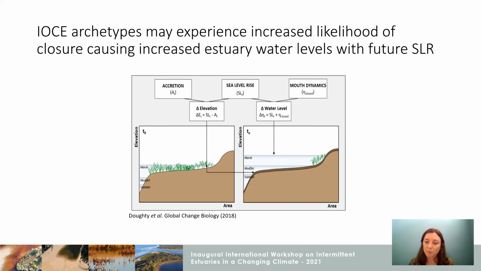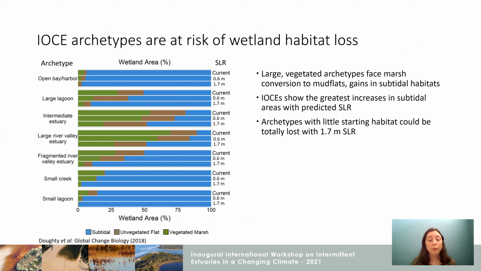So some of these inputs from the model basically got binned into estimated closure risk for each of these estuaries, and the inputs of inundation included this mouth dynamics component for how much water levels would increase in a specific estuary over time. So overall, when we fed this information back into our sea level rise habitat response model, we were able to predict how habitat distributions would change in the future.